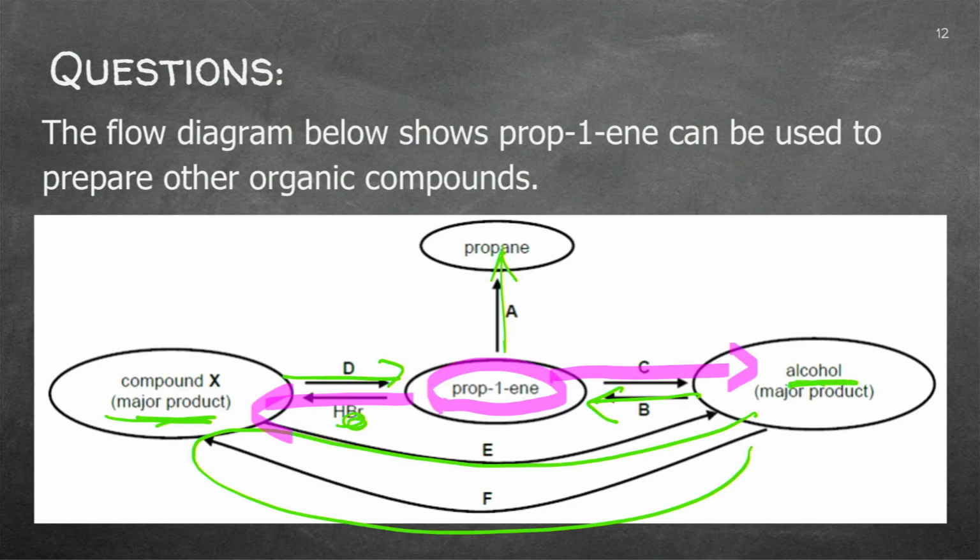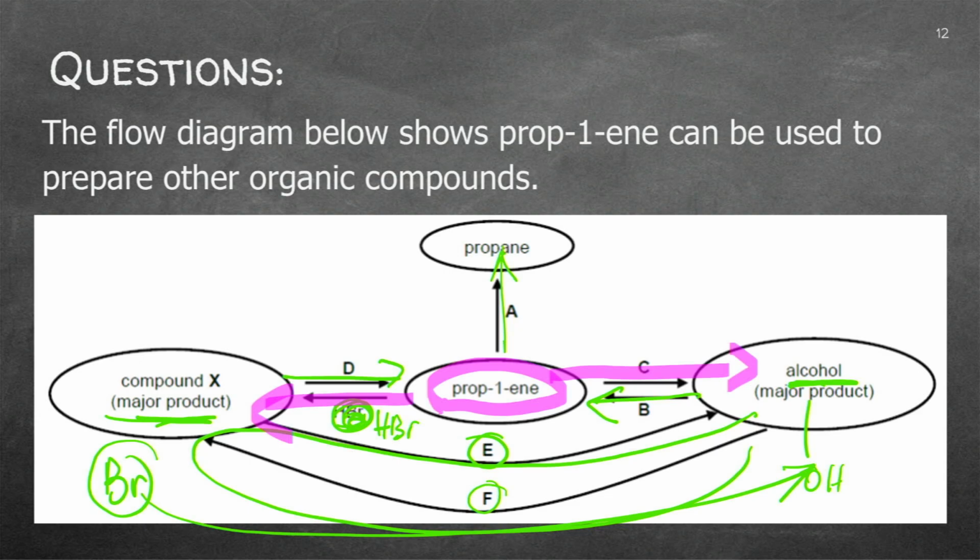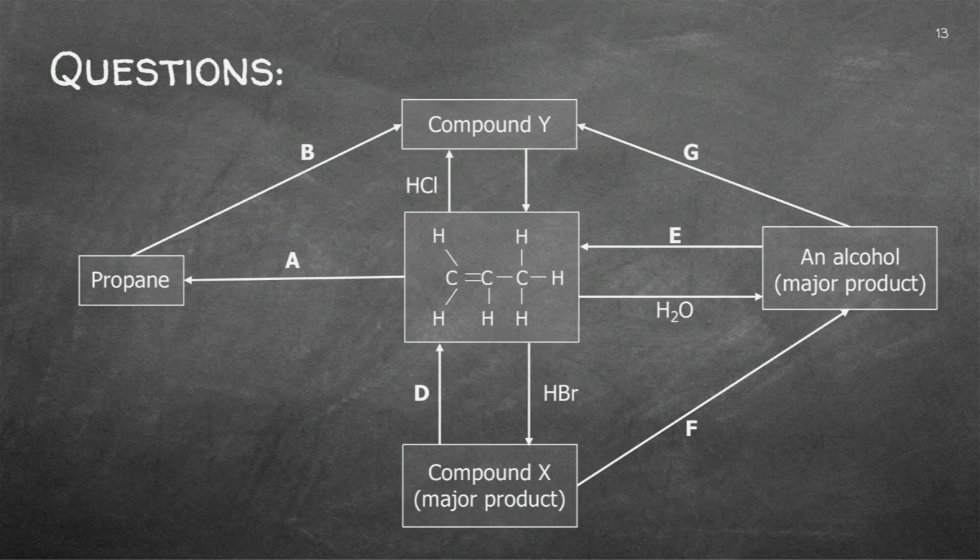Can you see I added there a halogen? That's HBr. So E and F would be my two substitution reactions. Something coming off here to become that, or this going off to become that. That's substitution. This is a type of question that you'll get.